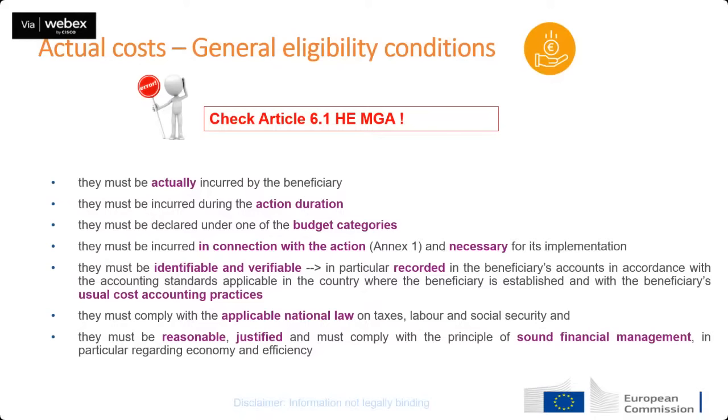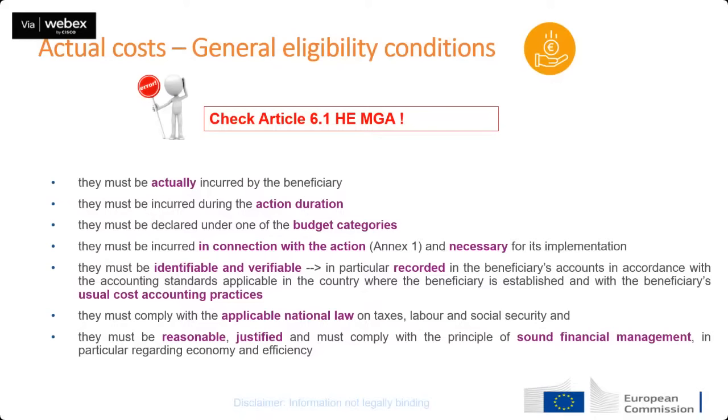They have to be identifiable and verifiable. This means that they have to be recorded in the beneficiary's accounts. And also very important, and it's something you will hear throughout the presentation, in accordance with the usual accounting practices of the beneficiary. That means that we want to see the usual practice of the beneficiary, not only some practice that they are doing just for Horizon Europe.